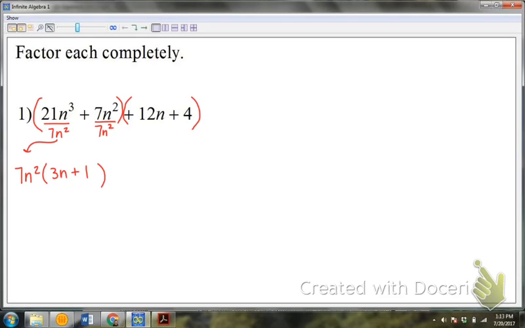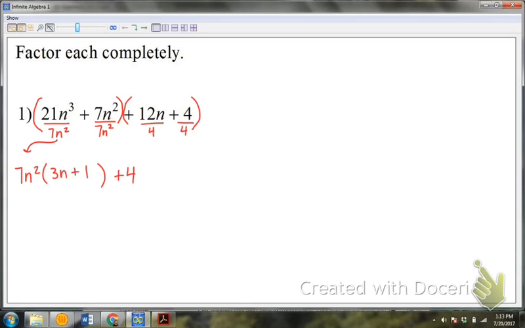Now we're going to leave that alone and look at the second set of parentheses. What do 12n and 4 have in common? 4 or 3? 3 cannot go into 4, so they have a 4 in common. If we divide it, it goes out to the front. So we're doing a second group.